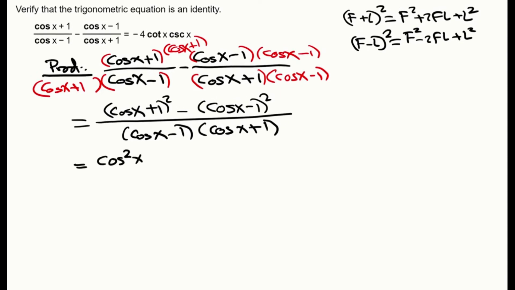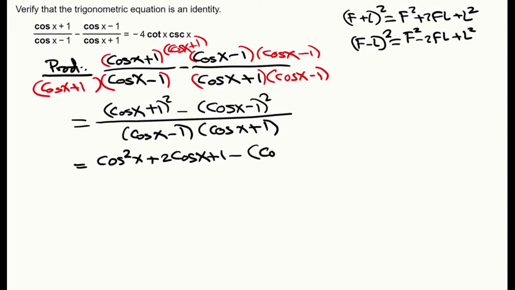All right, so applying the first identity here, we're going to get cosine squared x plus 2 cosine x plus 1 minus quantity. Super important to have that parentheses because the negative is going to have to get distributed into the whole expression. So now we're going to apply the second algebraic identity on this product.